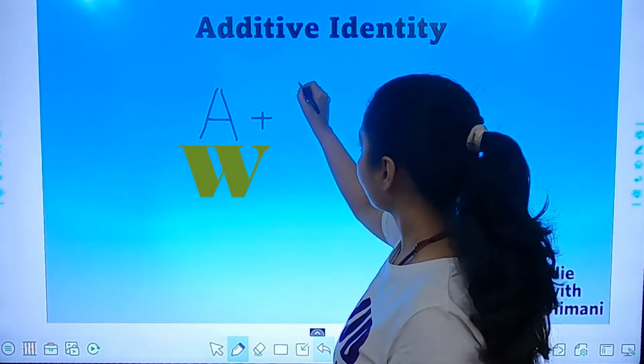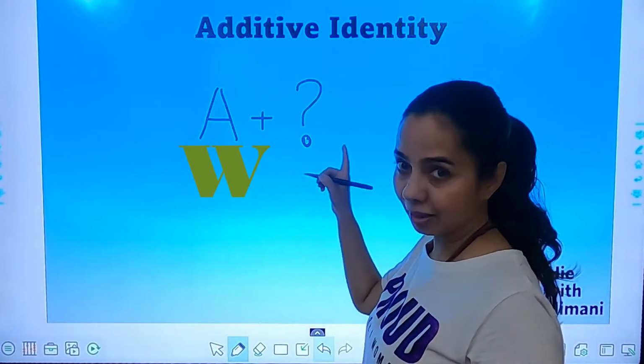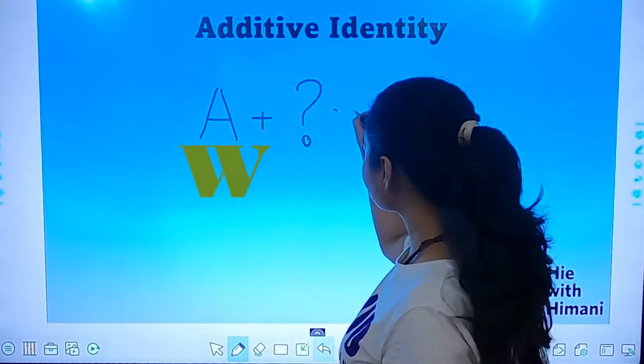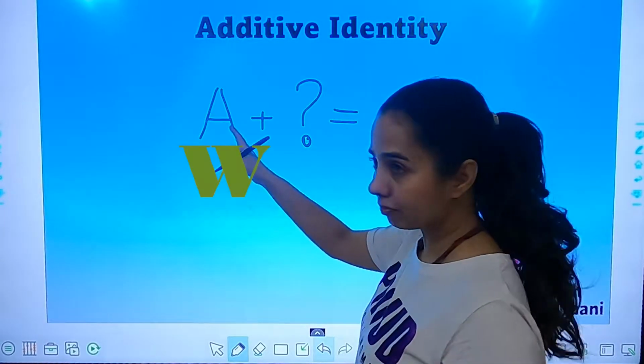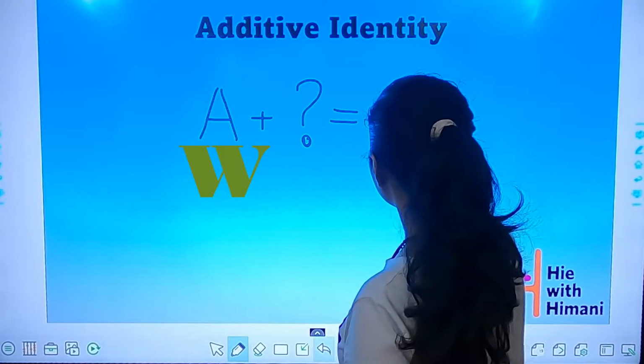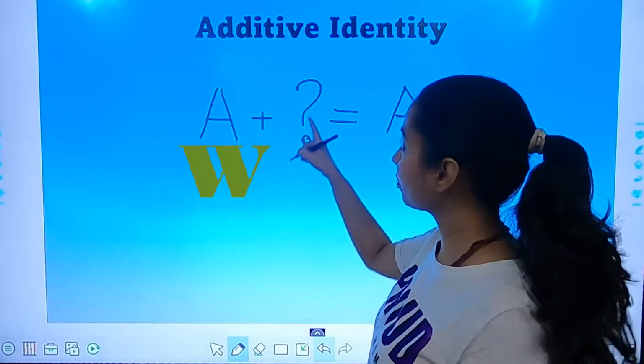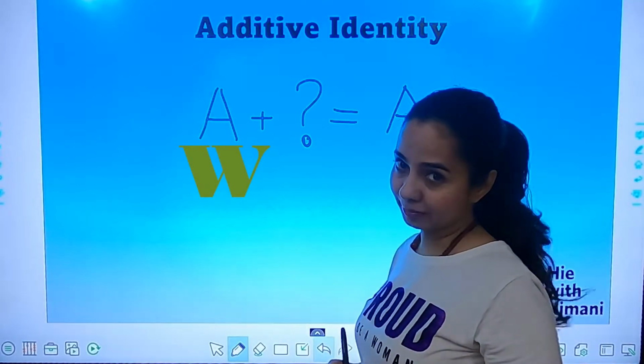So, some number is added to it in such a way that the value of this whole number remains the same. This number which was added is known as additive identity.